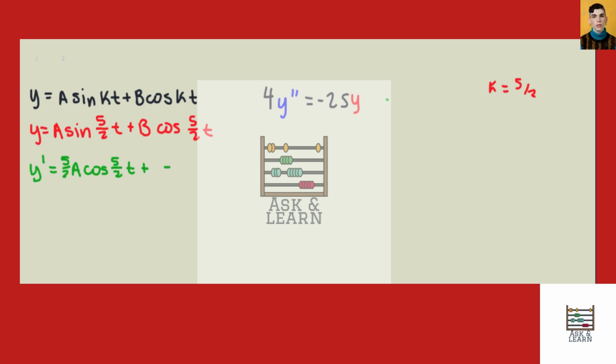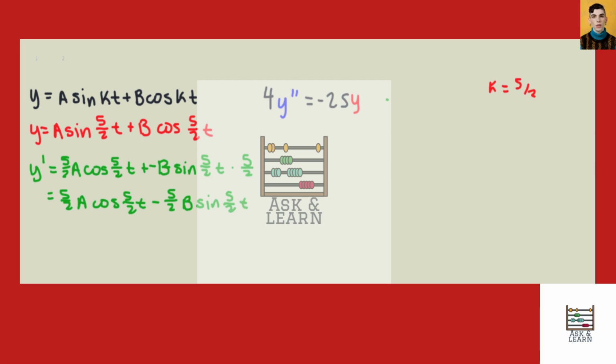Derivative of cosine is negative sine, leave the inside the same. This is going to be negative b sine, times the derivative of the inside, which is 5 over 2. So we simplify this into this here.